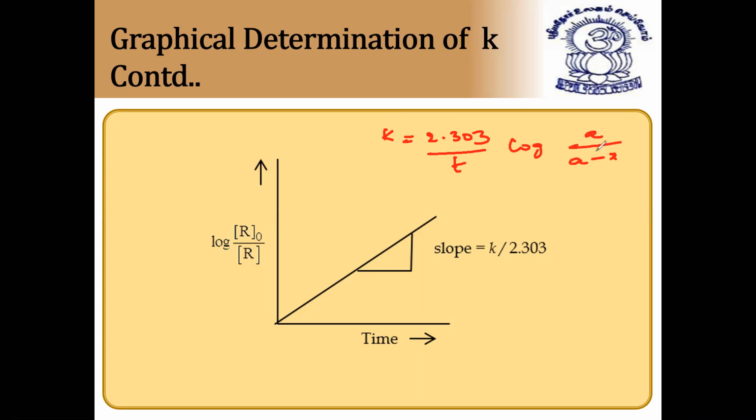This is called the differential rate equation for first order kinetics, where a is called the initial concentration or number of moles, x is called the number of moles reacted, and a minus x is the number of moles left. So this is the very, very important rate equation.